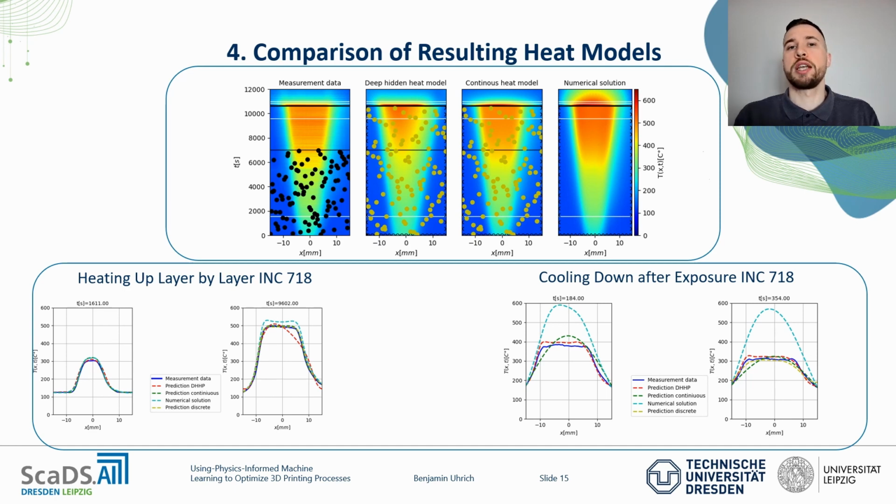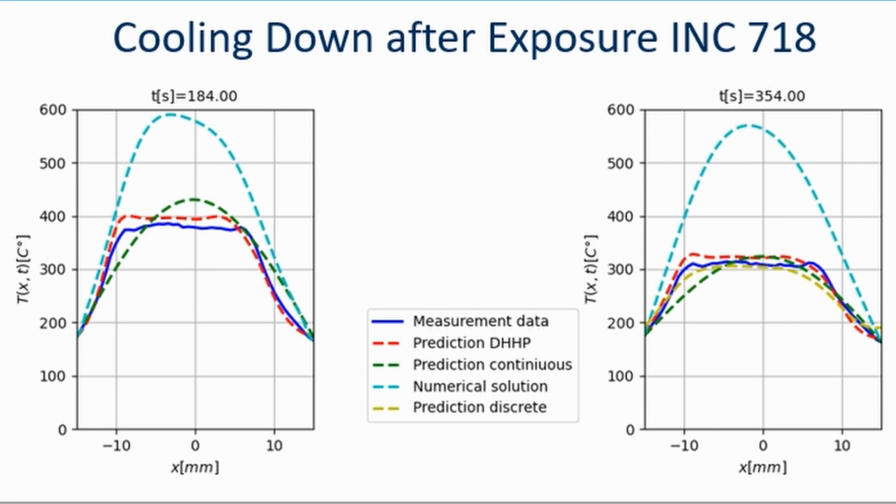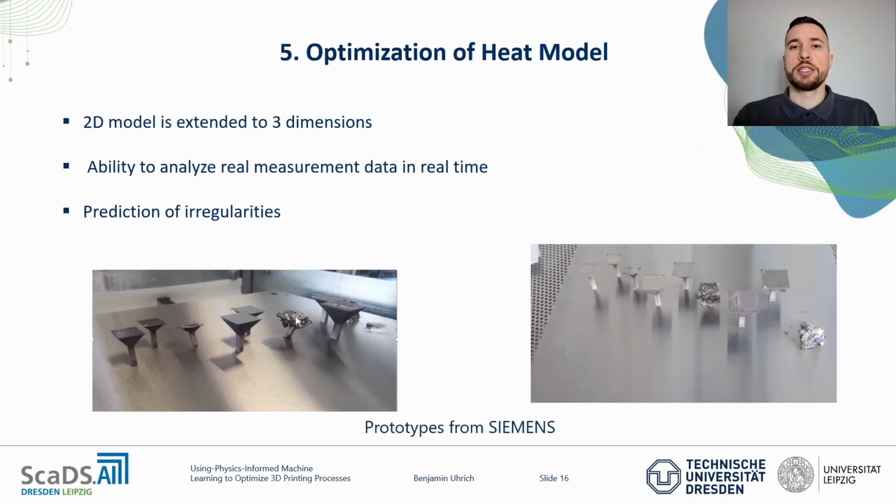Here it can be clarified once again that physics-informed neural networks offer a very good possibility to simulate temperature processes in 3D printing. For the cooling process, the physics-informed neural network approach even provides significantly better results than optimization with the finite difference method. Now let's move on to the second part of my presentation.